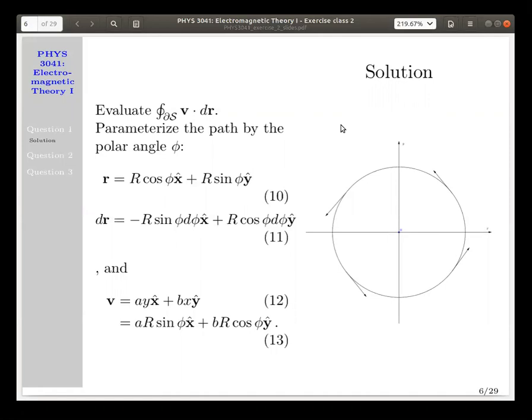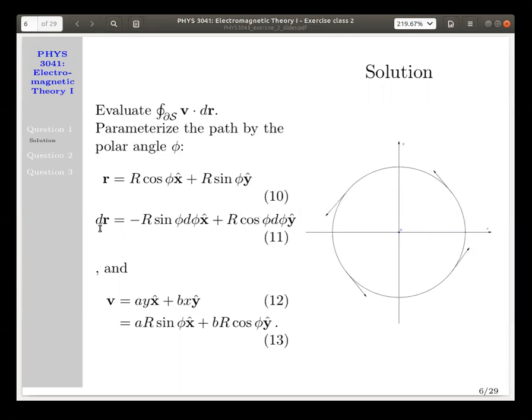And then we evaluate the path integral along the circular path. Because we are integrating along the circular path, it is more convenient to parameterize the path by the polar angle phi. The vector R is the position vector of the point along the path, so it is R cosine phi x hat plus R sine phi y hat.